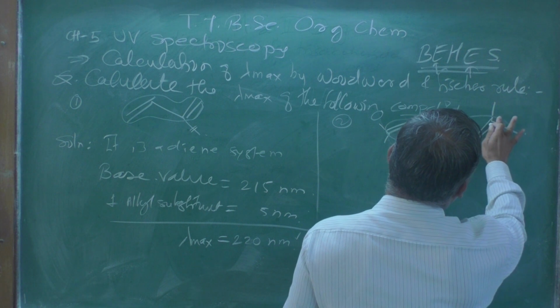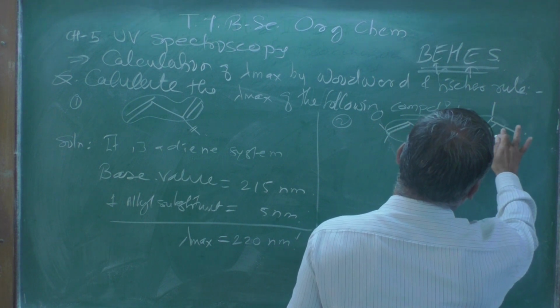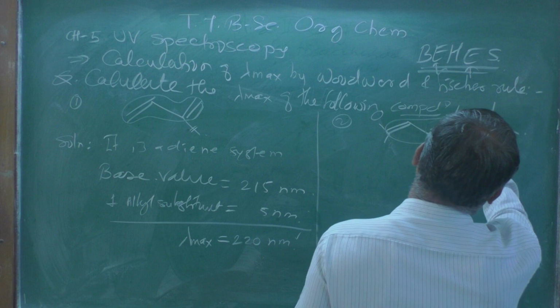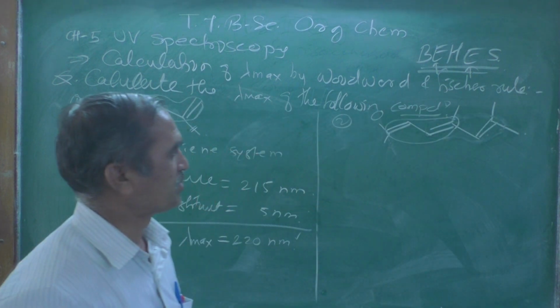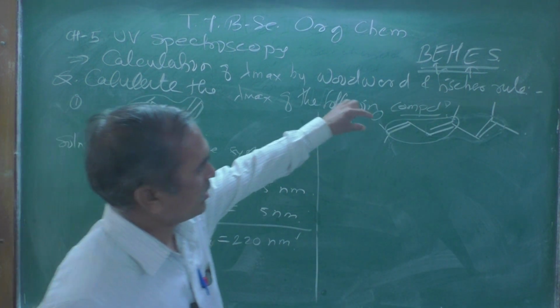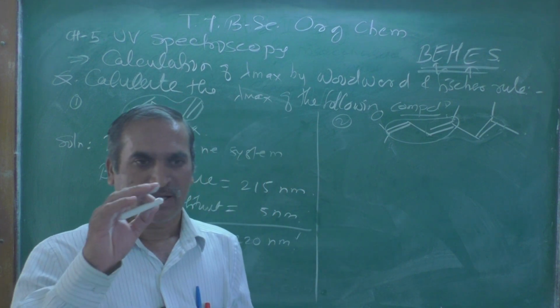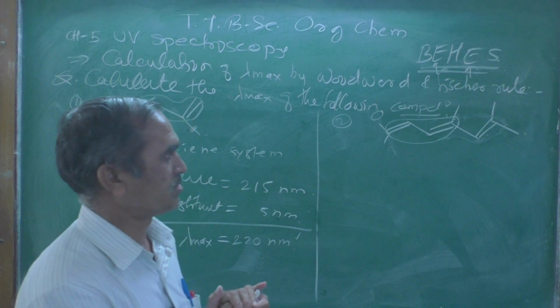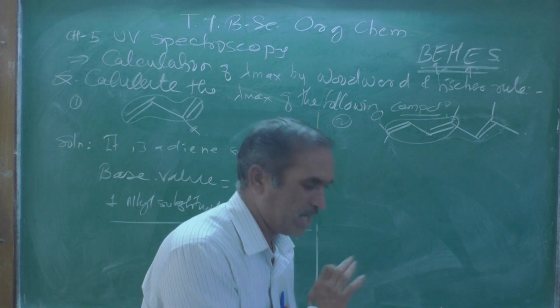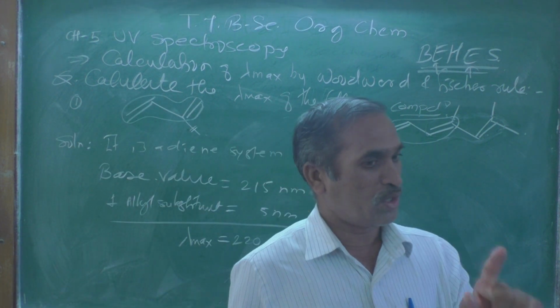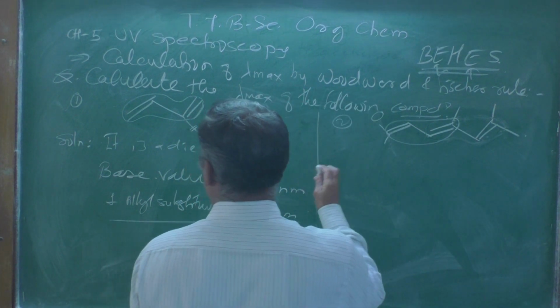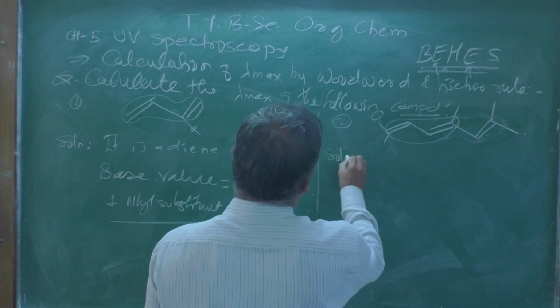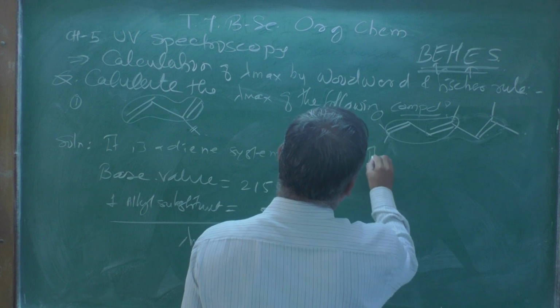I am clearing this line so that you don't get confused. Here it is a diene system. I have marked it here. If a diene system is there, while solving the problem you must write it down: it is a diene system.